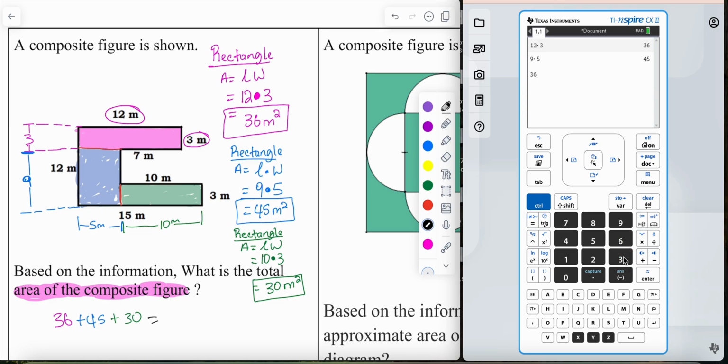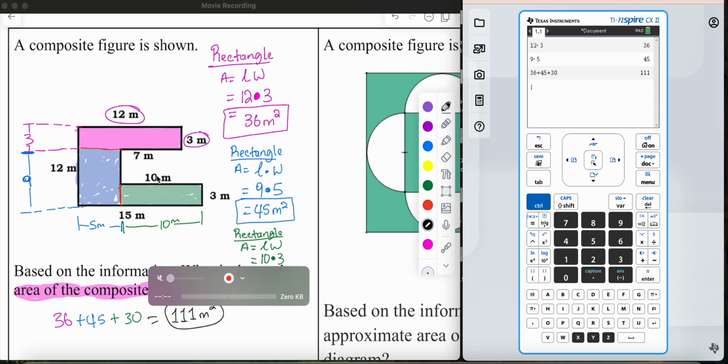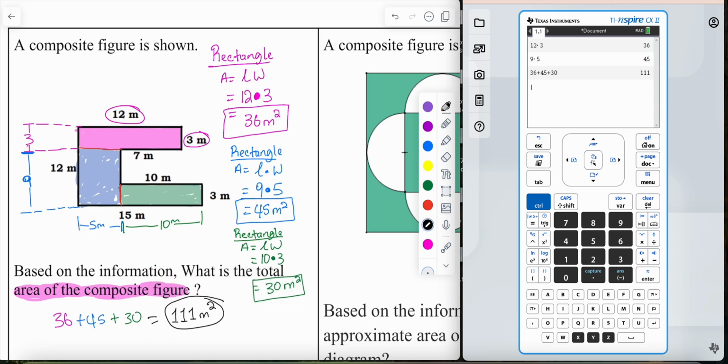So 36 plus 45 plus 30 gives us 111 meters square. And that would be the area for this composite figure. All right, we're going to move on to our second example.